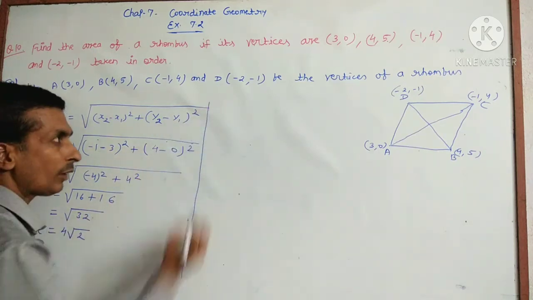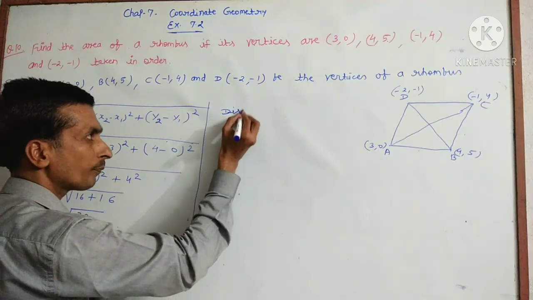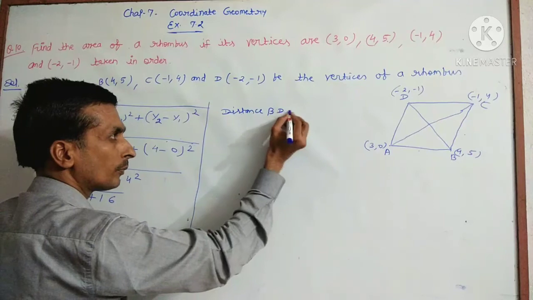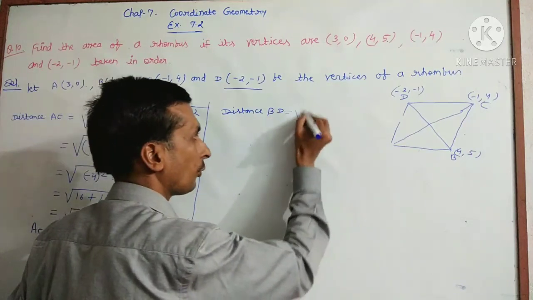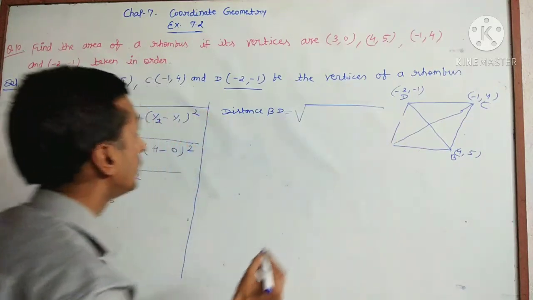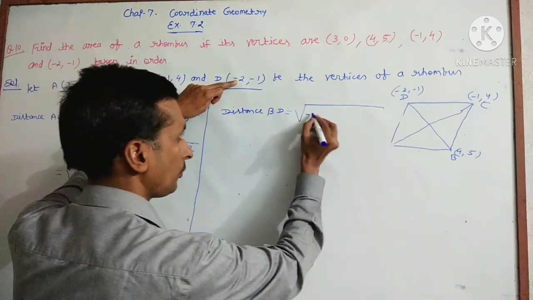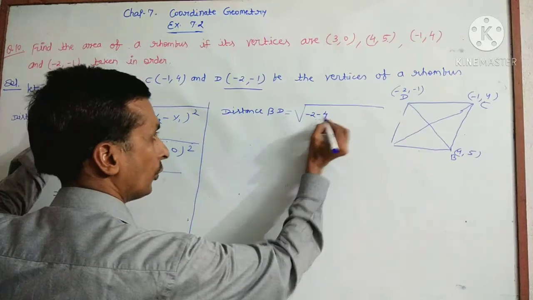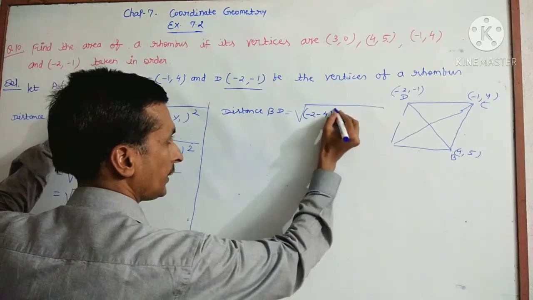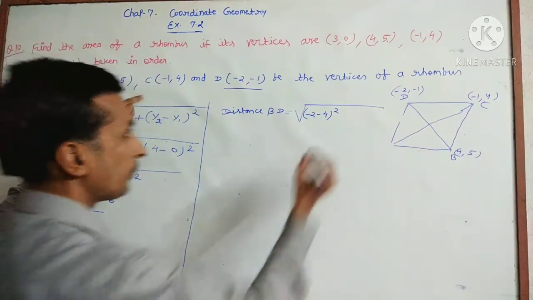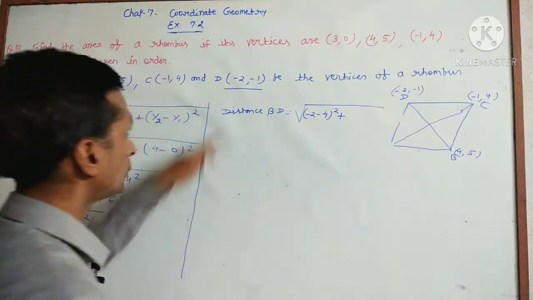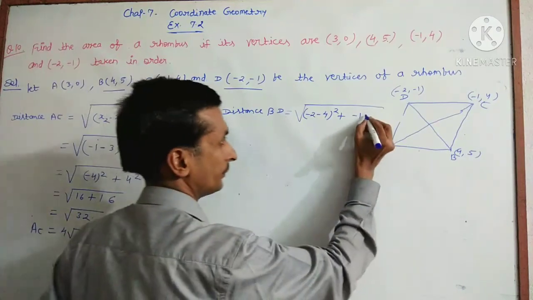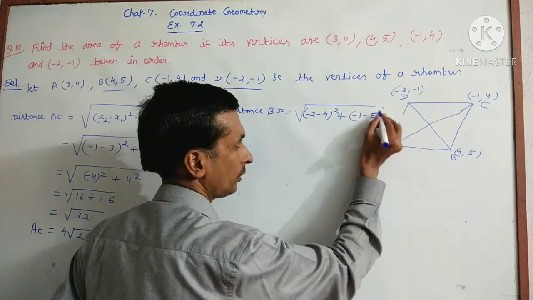Now you can find out the distance BD. So distance BD equals under root (minus 2 minus 4) whole square plus (minus 1 minus 5) whole square.